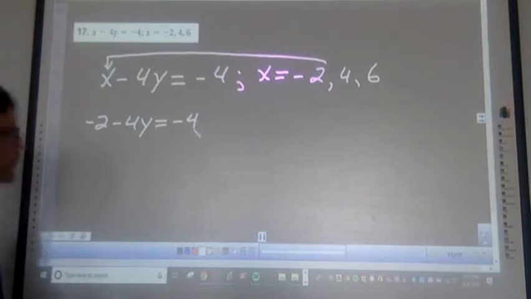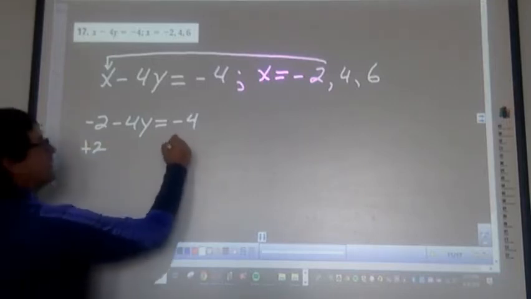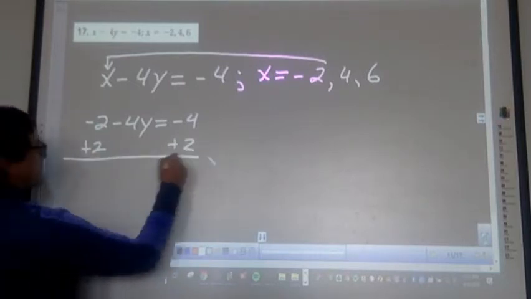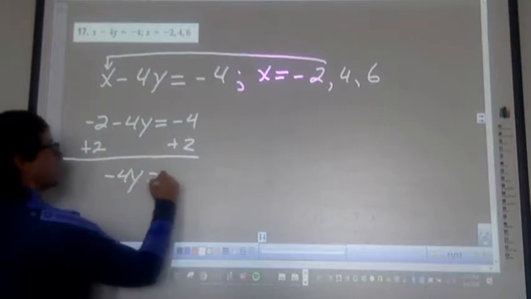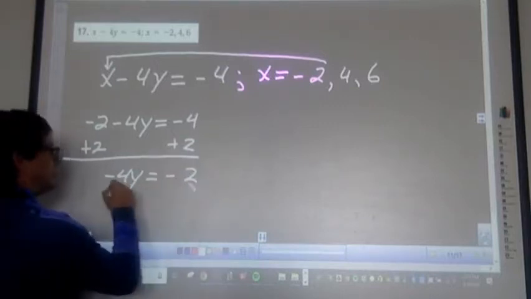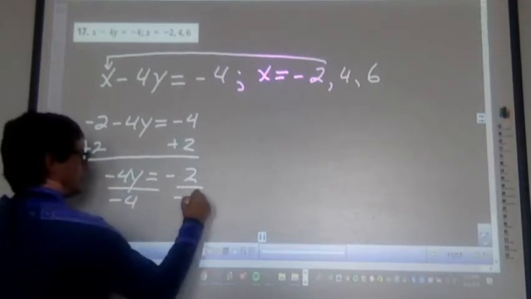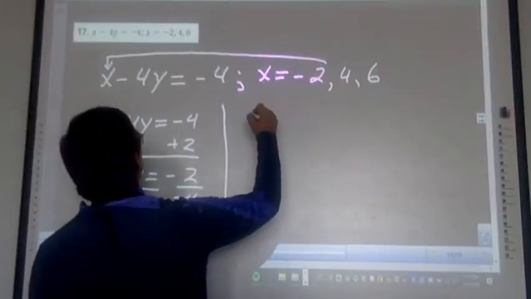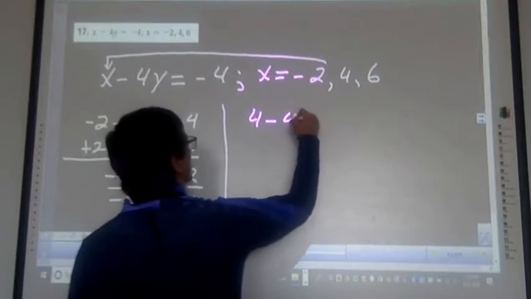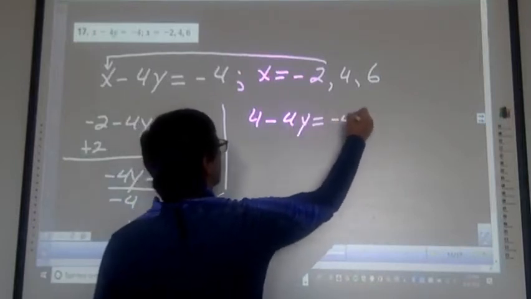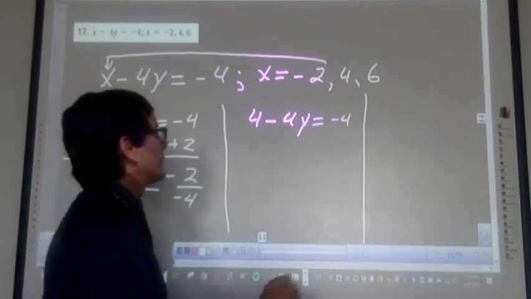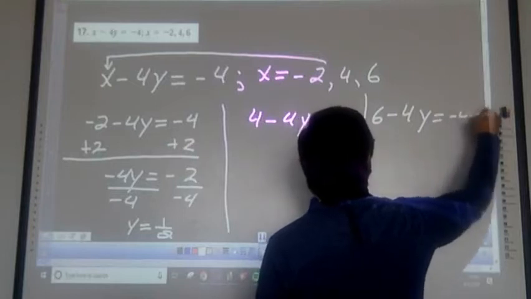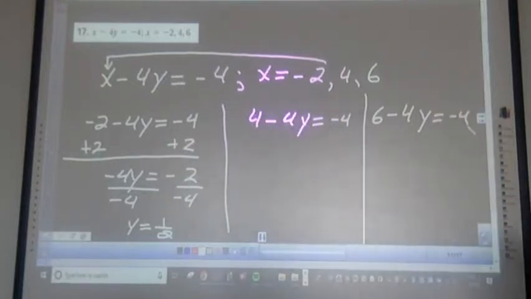And then we're just going to solve for y. So you go through all of them. It's like 3 for 1 problem. Okay, thank you. I'll just finish it for anybody else that needs it. And if we were to plug in the second one, you'd have 4 minus 4y equals -4. And just continue down and solve. And this one would be 6 minus 4y equals -4. And just solve from there.